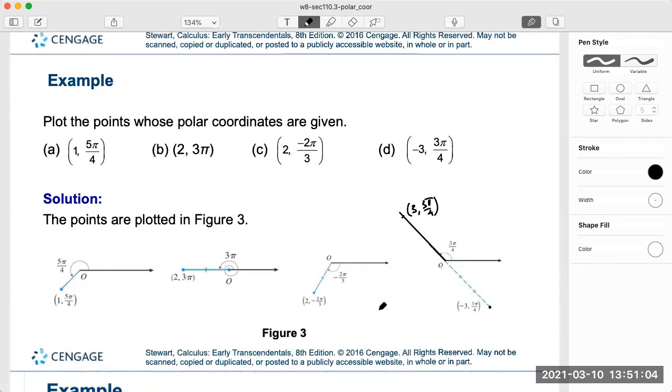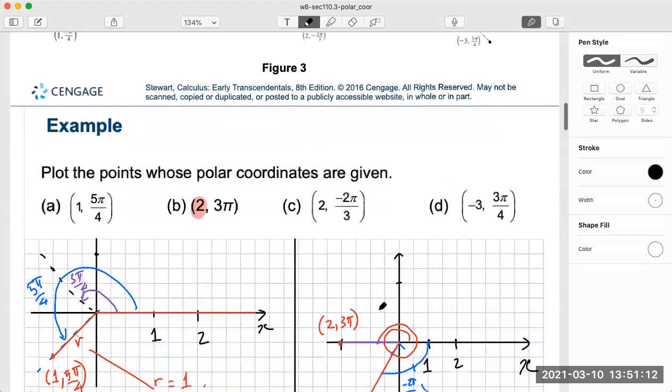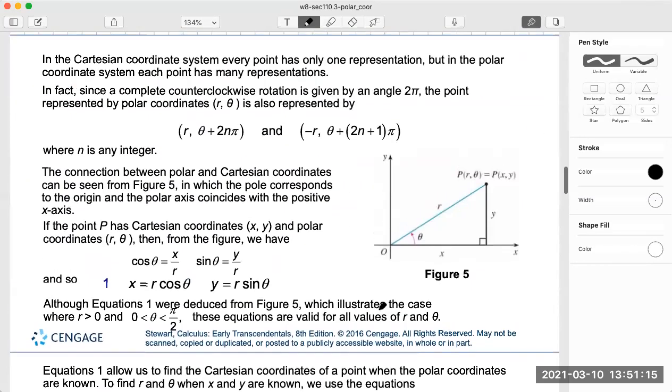Is it clear how to determine a point in the polar coordinate? Very good. And somehow we see that it is not unique. For example, the point here at r, theta, right? Theta is a given angle. Then we go one more round, right? We add 2 pi to this angle, which is r, theta plus 2 pi.